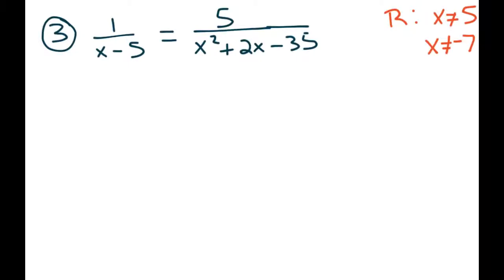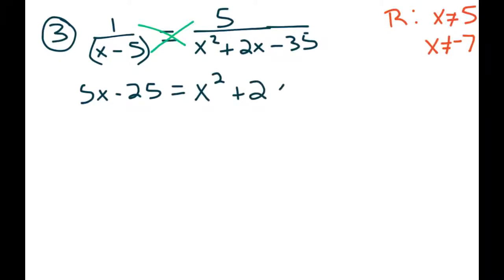I am going to cross multiply, so I get, putting my parentheses around that, 5x minus 25 equals, you notice I'm always putting my equals down before I draw that other line to multiply. 1 times the trinomial gives me just x squared plus 2x minus 35. Nothing changes there.